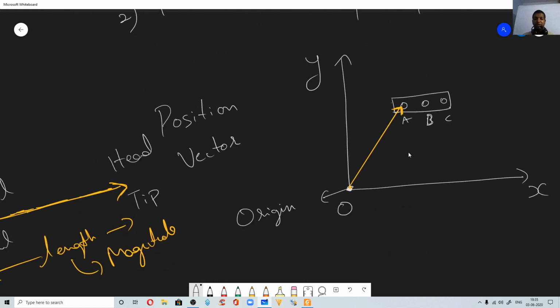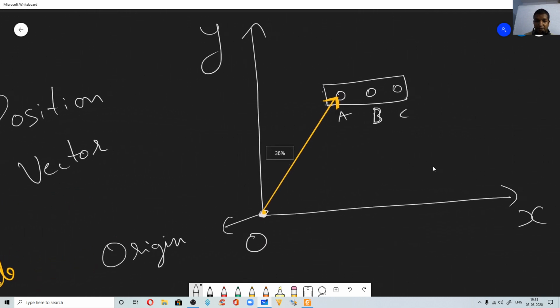So you can call this the position vector of A. Beside that, usually for position vectors we use the symbol small r, r_A with a vector symbol. So this is the position vector of A.